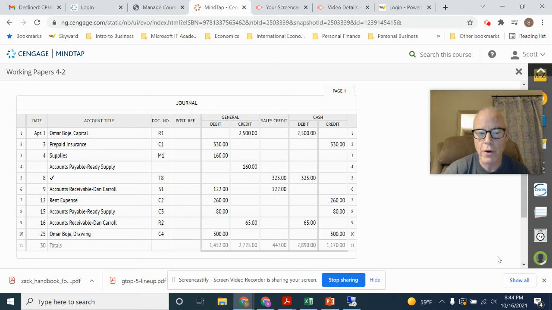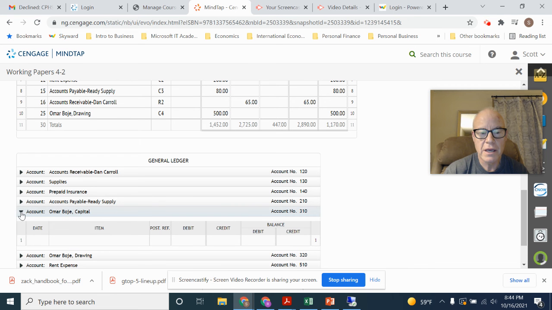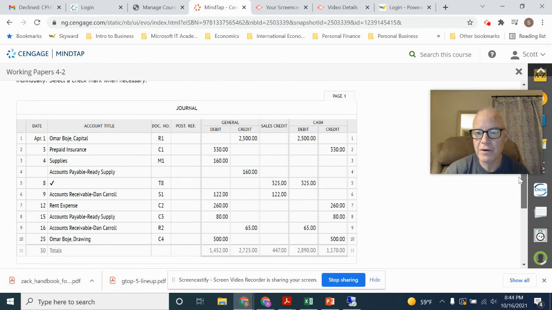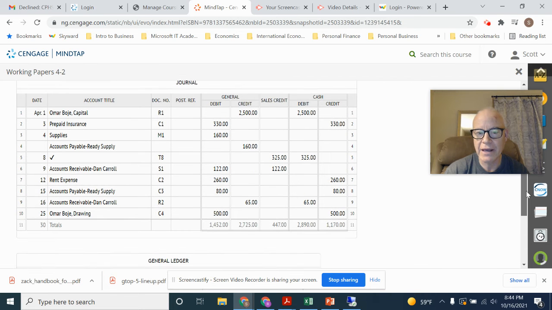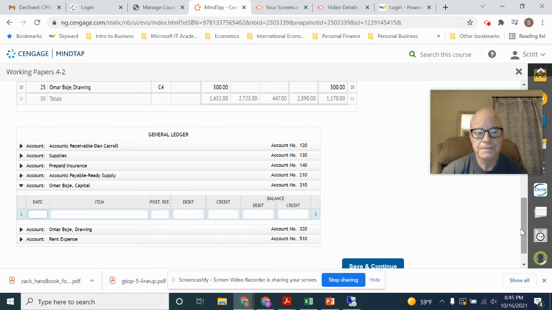So we're going to start with Omar Bourget Capital on April 1st. I'm on page 1 of the journal. Do you think I need to pin this? I'm afraid if I pin it, I'm going to run out of room. Can I even pin it? I can't. So $2,500 on April 1st.